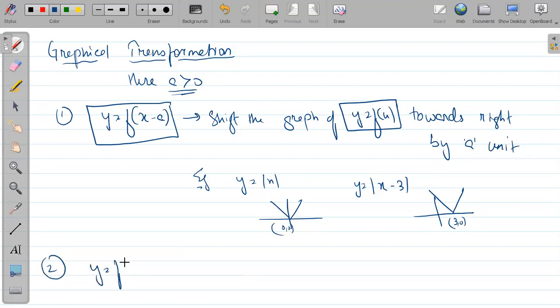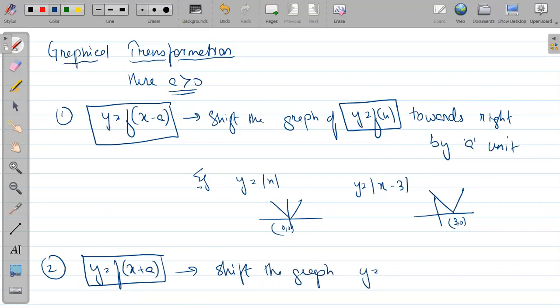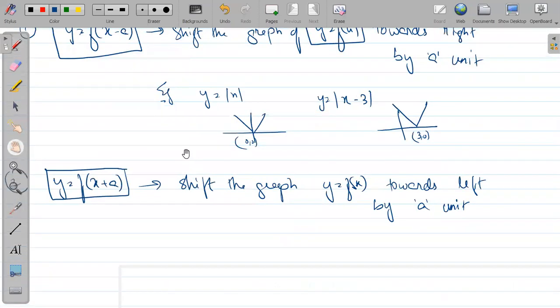Number 2, y equal to f of x plus a. First you have to draw the graph of y equal to f of x. Shift the graph towards left by a units.